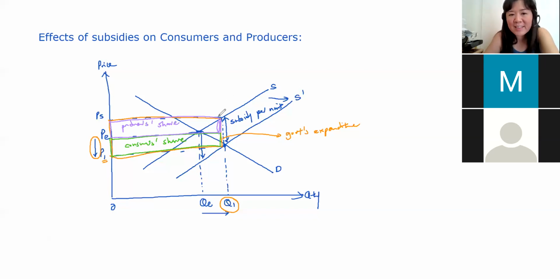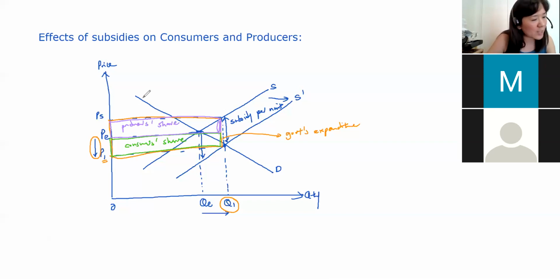So in a sense, this also incentivizes them to produce more. This is what would have been allotted to the producers. Got it? This is fine.